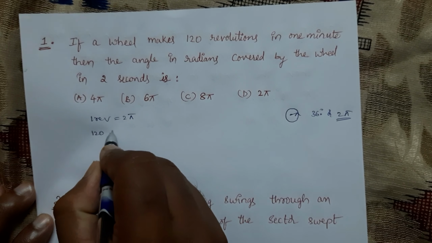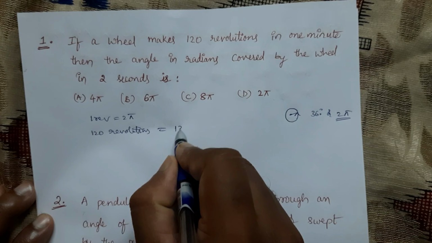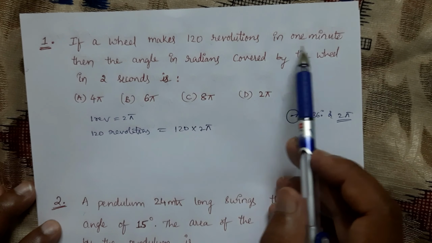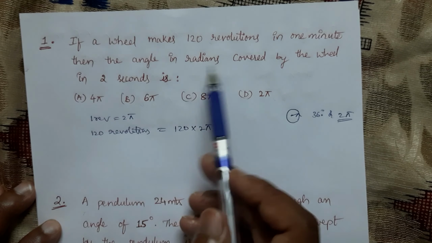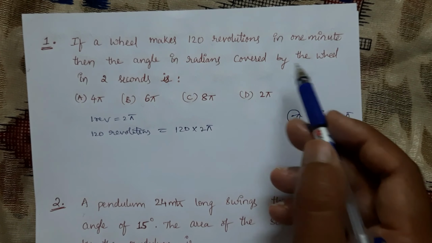Then 120 revolutions is equal to 120 into 2 pi. Now what are they asking? They are asking the angle in radians in 1 minute, so this is all in terms of 1 minute.